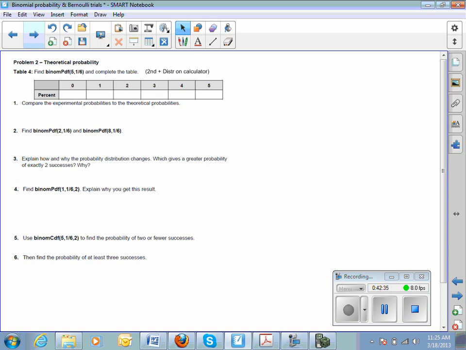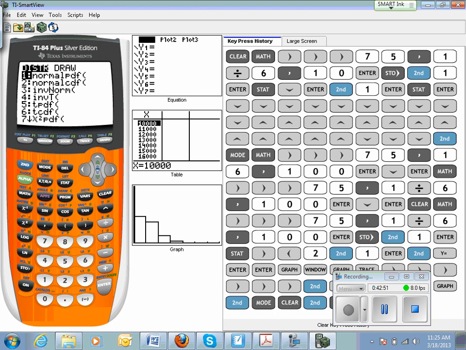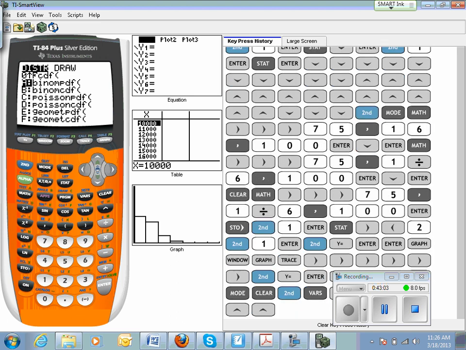And so let's do that. On your calculator, you get to it by going to the second distribution option, and I think it's option 0. Option A, binomial PDF.